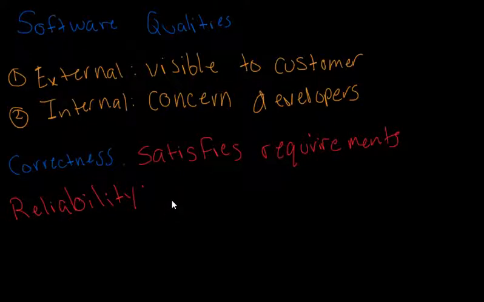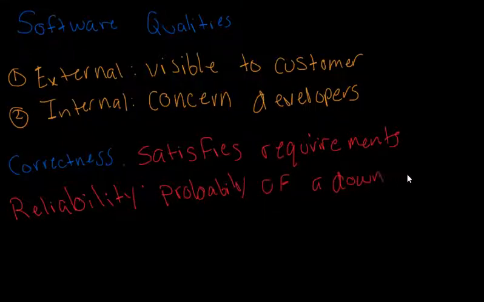So we're going to call reliability the probability of a down system, or a system failure. If you have a very reliable system, you're going to have a low probability of a down system. So your system is always going to be up and running if it's reliable.